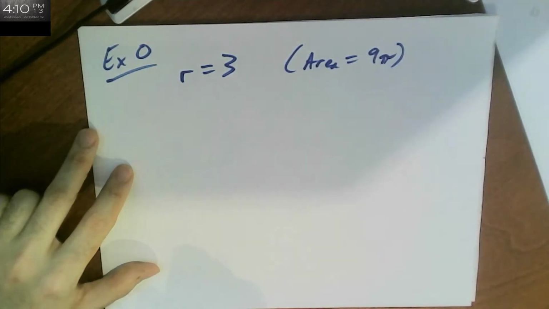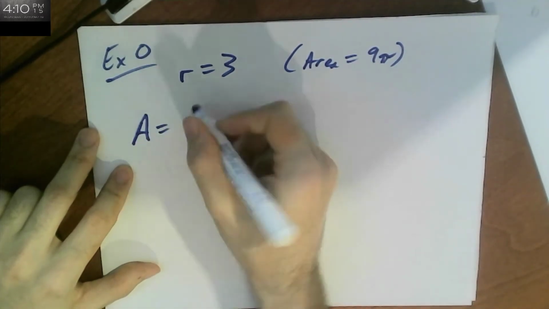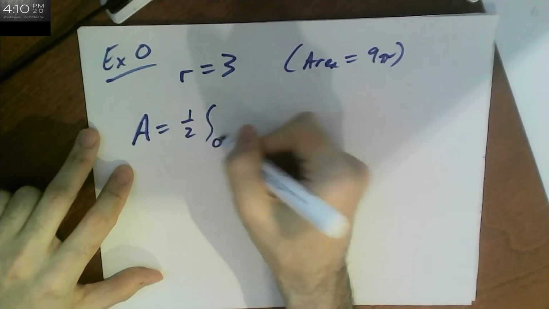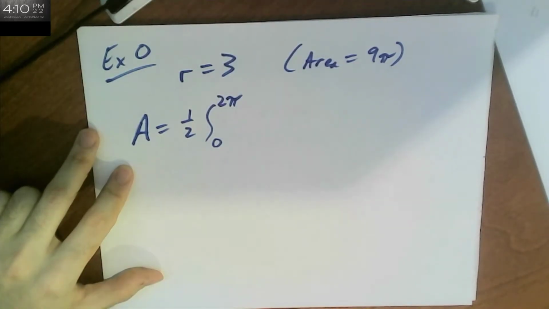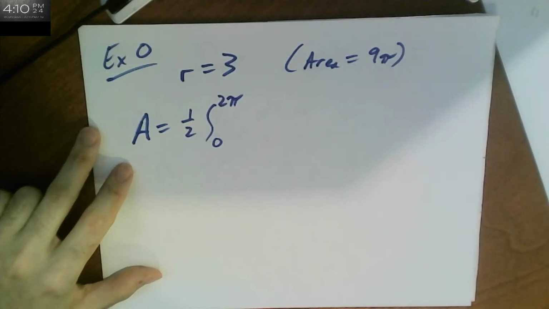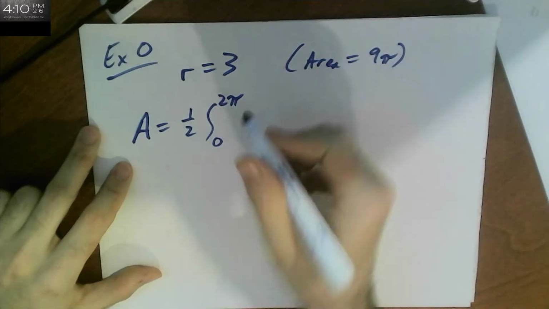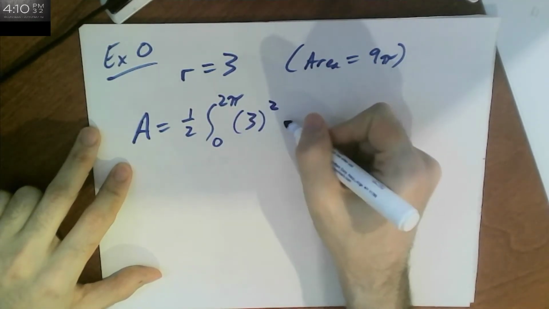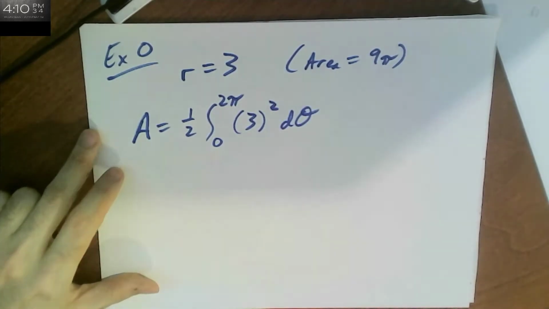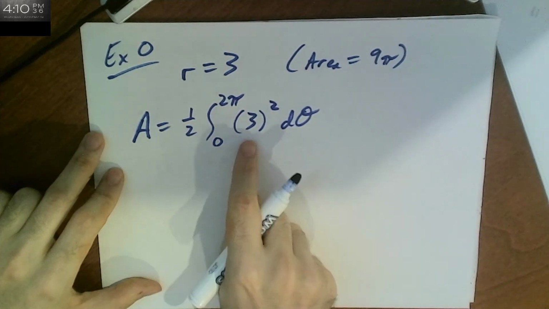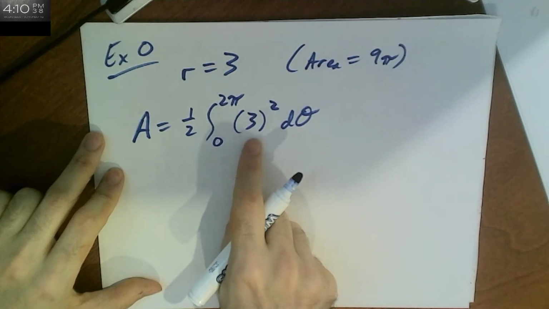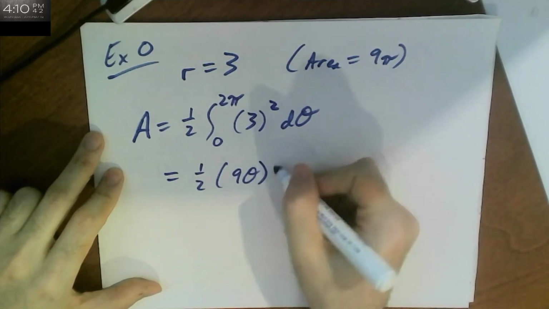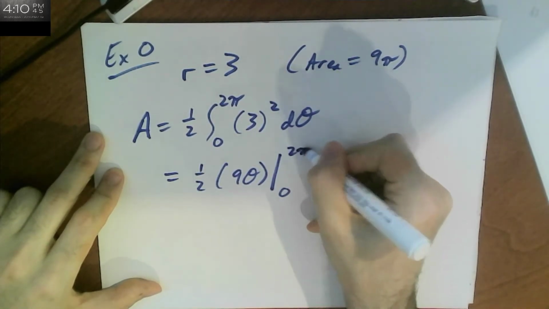That's a circle of radius 3, we know for sure the area better be pi r squared, which is 9 pi. We claim from our derivation that area is, I'm going to go all the way around the circle, so 1/2 times the integral from angle 0 to angle 2 pi, I've gone around the circle, of the radius function, which is 3 squared, d theta. So that's a 9, and as you know, of course, the antiderivative of a constant, so we get 1/2 times just 9 theta, evaluated from 0 to 2 pi, right?